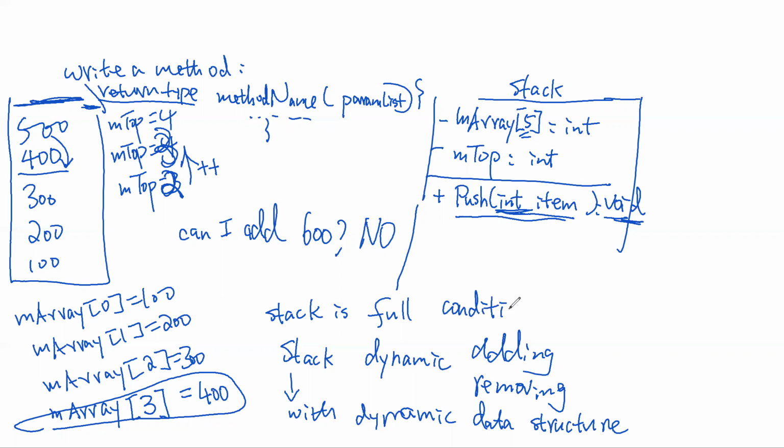If it's held to the limits of a static array, then why wouldn't you just use an array list? Why use a stack at all? Because of different features.